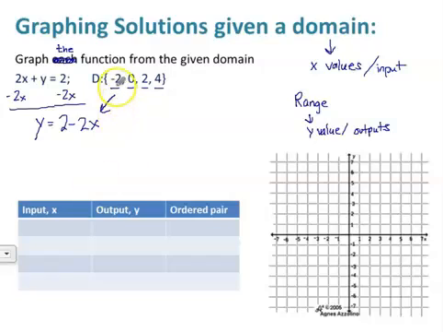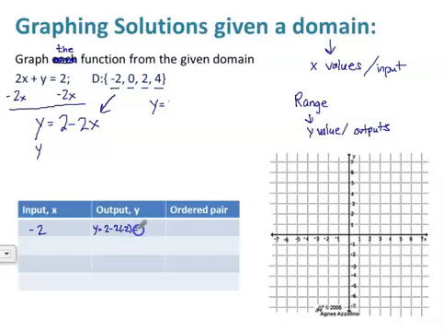So let's start. Our first value in the domain is negative 2. Whenever we see an x, let's plug in negative 2. So y equals 2 minus 2 times negative 2.